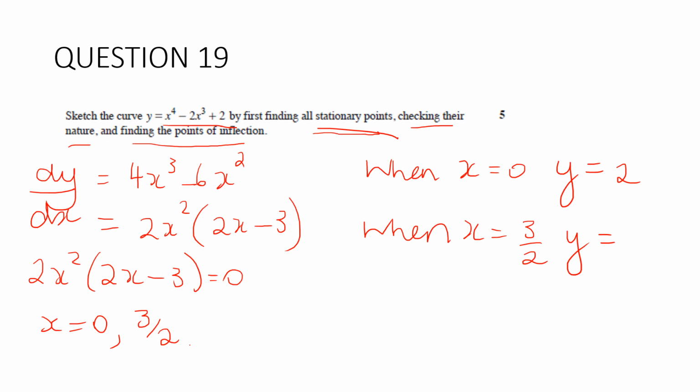I can put that as a fraction, 5 over 16. Actually, I don't know whether I want that as a fraction. What was it? 0.3. Because we're going to be sketching it, aren't we?